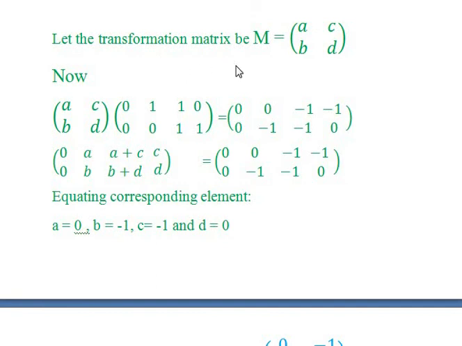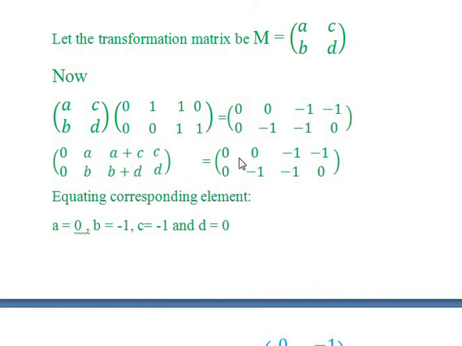Let the transformation matrix be M equal to A, B, C, D. Now, as before, writing the transformation matrix, object matrix, and the image matrix. We have been given the image matrix, so we write it here already. We have to find the values of A, B, C, D. So we multiply by using the matrix multiplication rule.